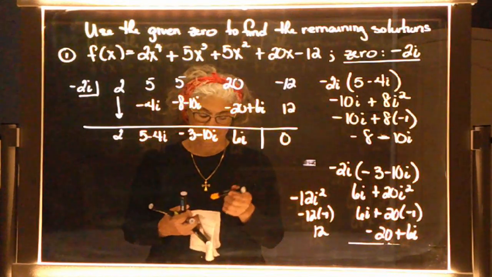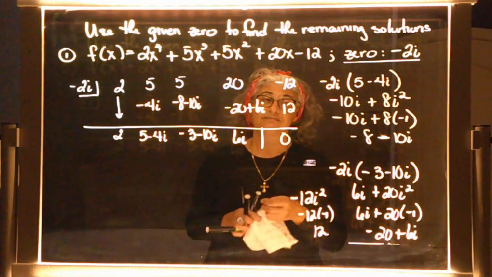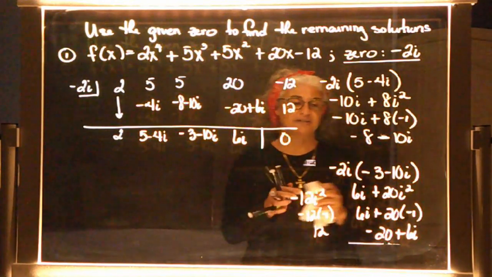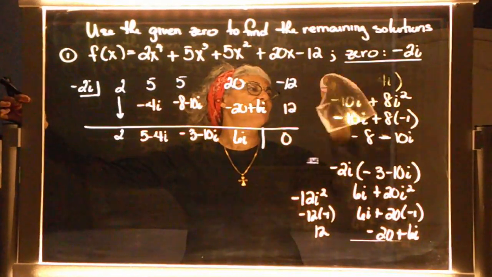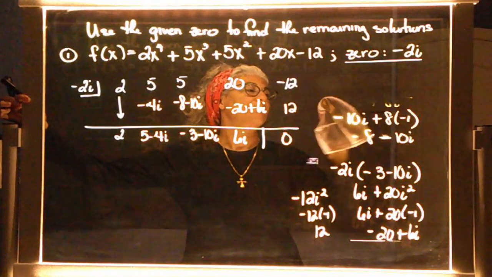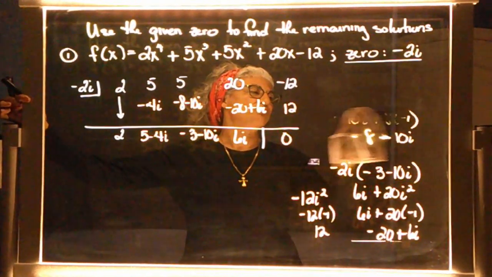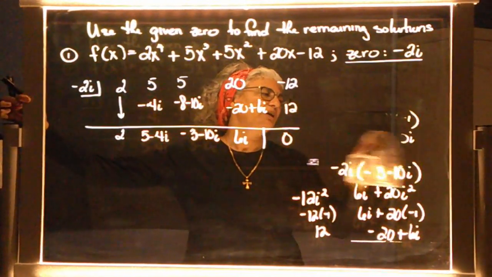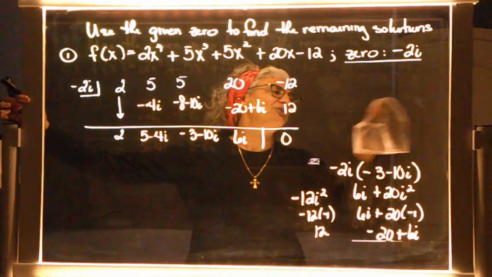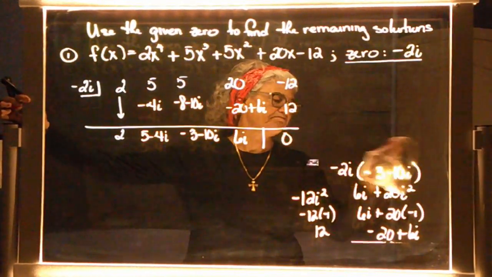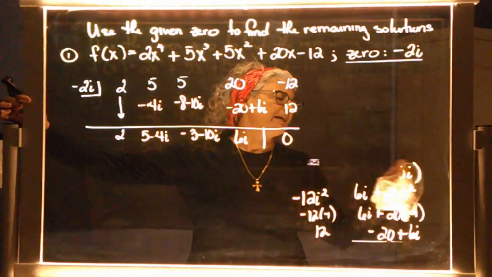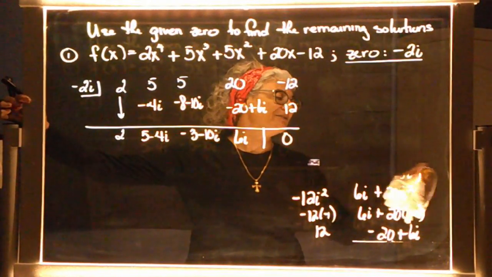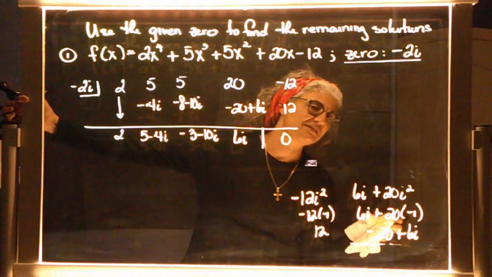Agreed? Okay, now, I'm going to need a little bit of board space here, so I'm going to erase my side work. And as I erase my side work, let's talk. So that's one solution, which we already knew. But don't we know a second solution? Yeah, we know a second 0, don't we? If one of the zeros is a negative 2i, what's another 0?